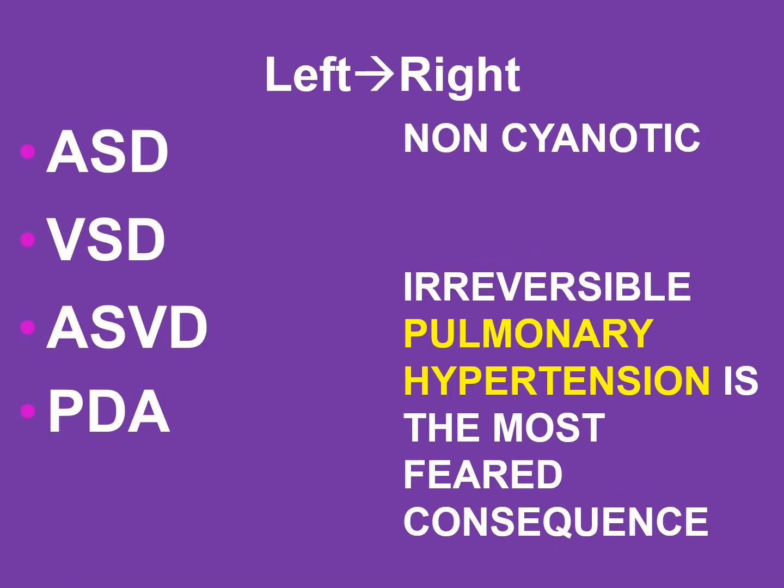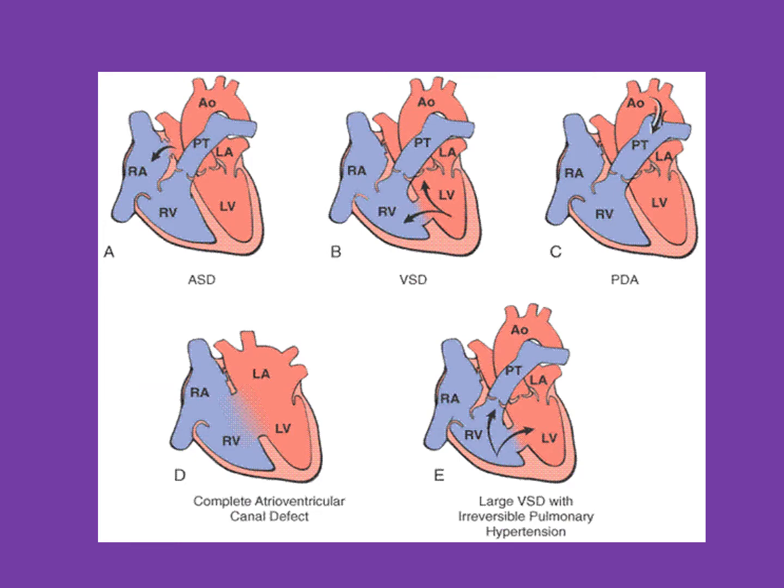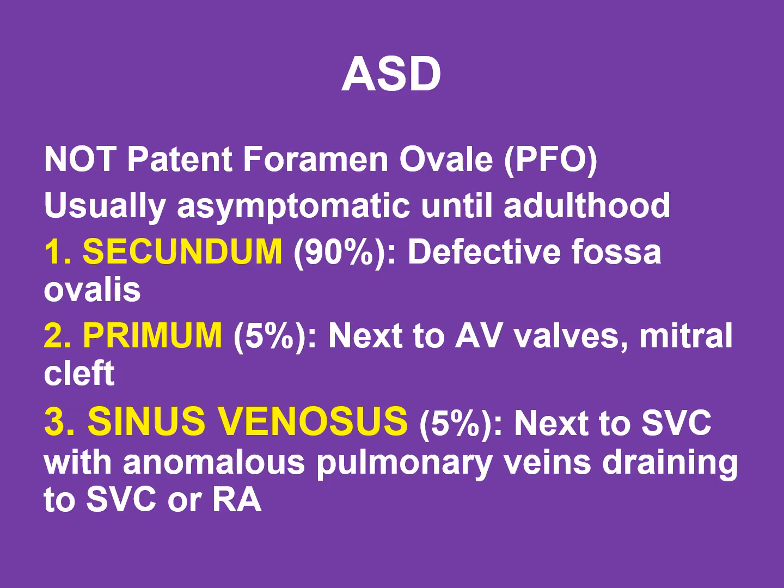So left to right shunt. Your left to right shunts are non-cyanotic, but the most dreaded condition again is irreversible pulmonary hypertension, usually if it led to stage 3. These are your left to right shunts again: ASD, VSD, PDA, complete atrioventricular canal defect, and even large VSD.